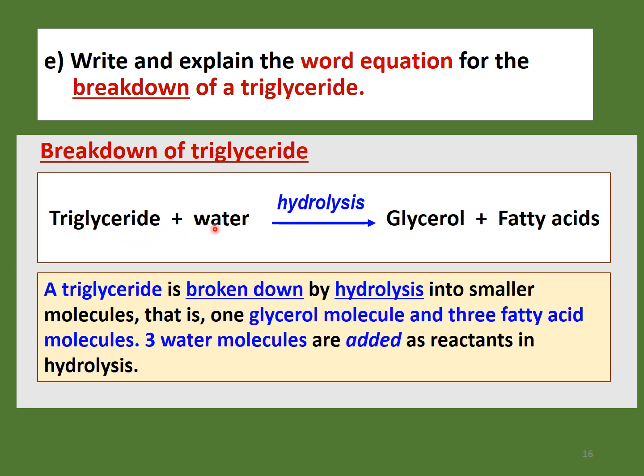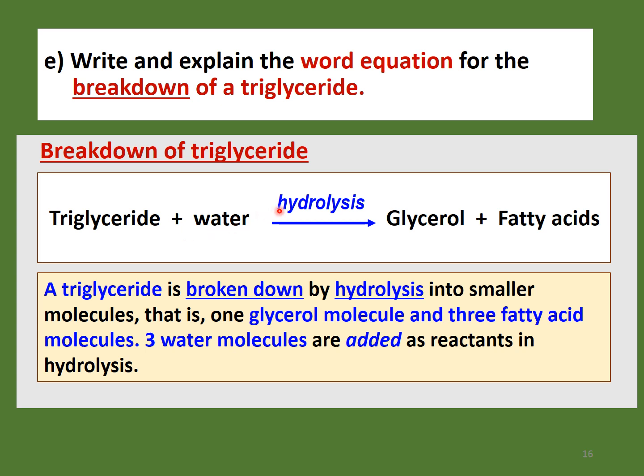Triglyceride plus water, through hydrolysis, produces glycerol and fatty acids. To explain this, we write: a triglyceride is broken down by hydrolysis into smaller molecules, that is 1 glycerol molecule and 3 fatty acid molecules, and 3 water molecules are added as a reactant in hydrolysis.